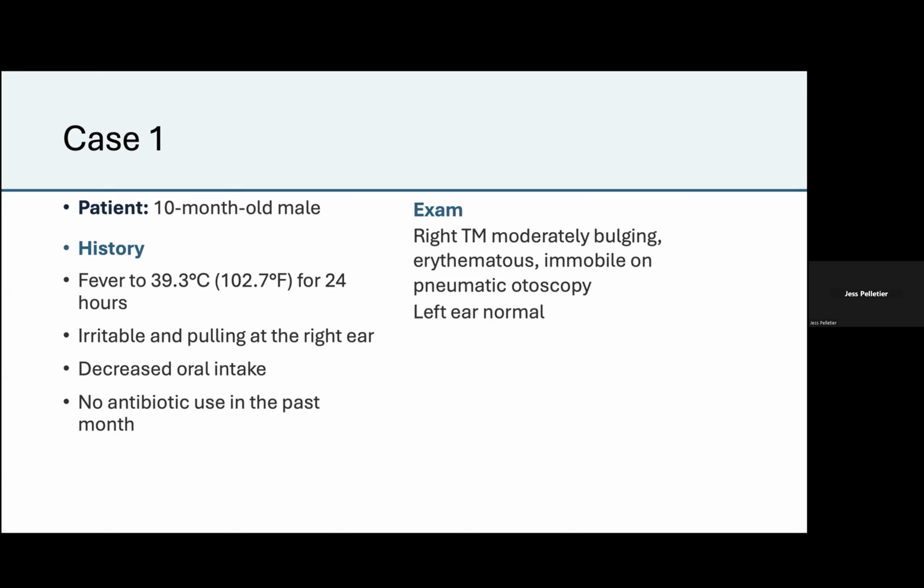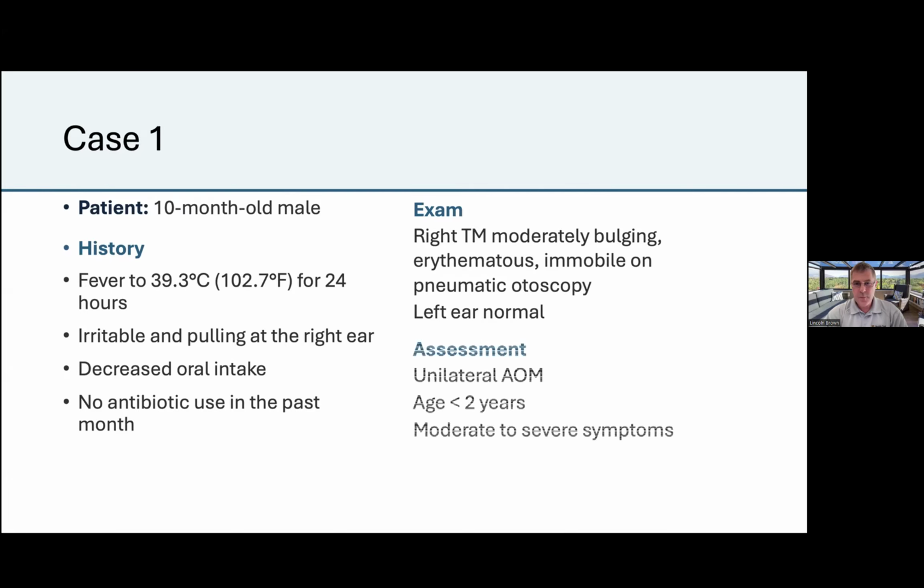It looks like acute otitis media. Thank you, Loretta. Yes. Acute otitis media, absolutely. Unilateral acute otitis media in a less than 2-year-old with moderate to severe symptoms. We'll come back to treatments towards the end of this.